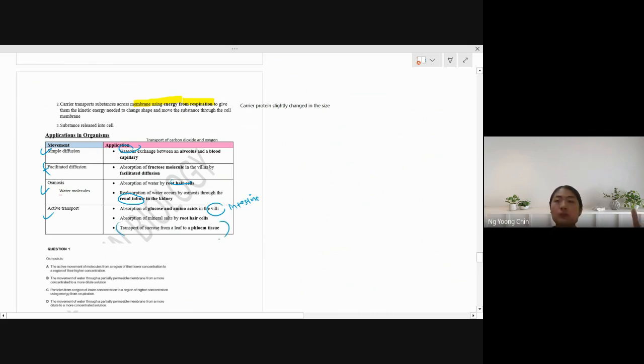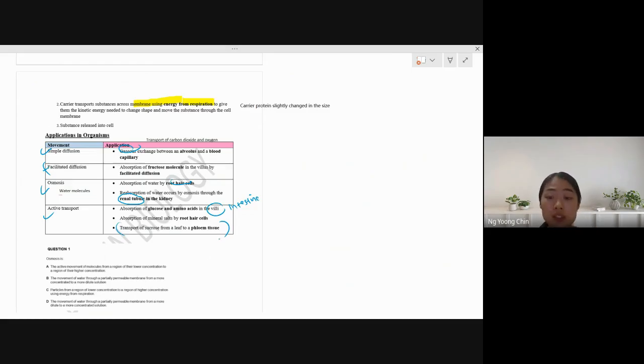Later you will learn the difference between plant and human. In human, we transport our nutrients majorly in the form of glucose, right? I think you have already realized this, because we always talk about cellular aerobic respiration, which breaks down glucose to release energy.